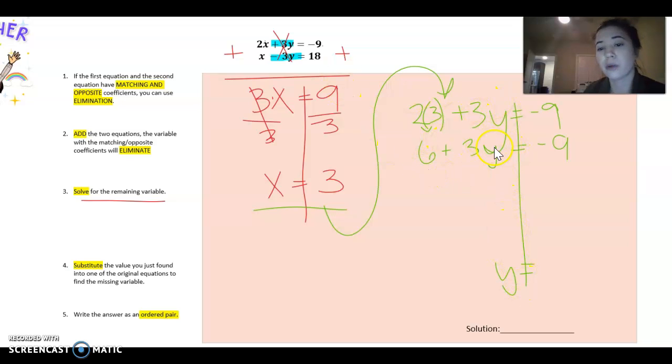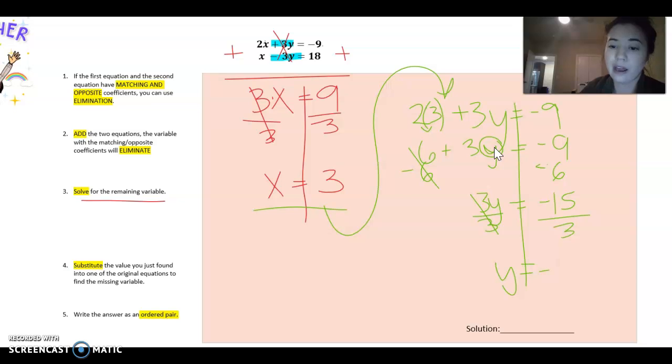We have 6 plus 3y. If this is what I want to find, we need to get rid of the thing furthest from me first, which is this 6. Opposite of positive is to subtract. And we get 3y equals negative 15. We have 3 times y, so we get rid of that by dividing. And we get negative 5.